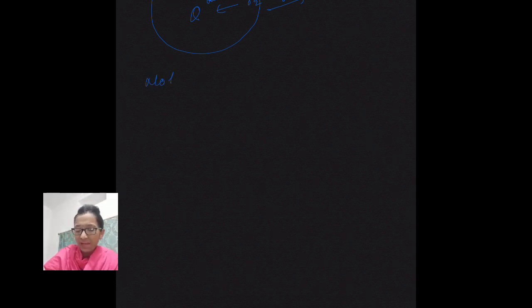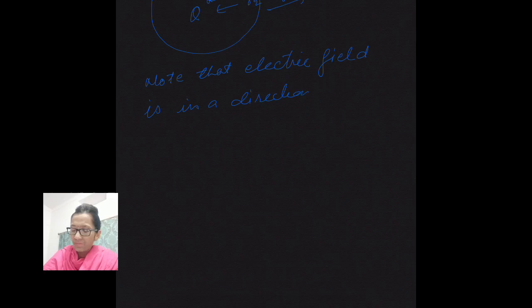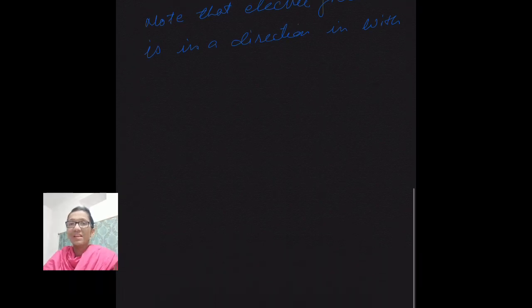So from here we can note that the electric field is in the direction in which the change in potential is steepest.